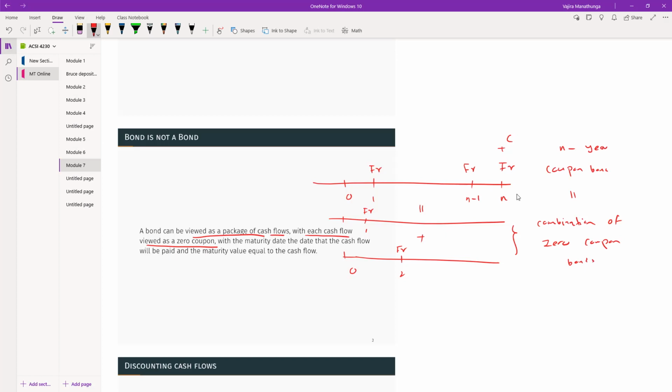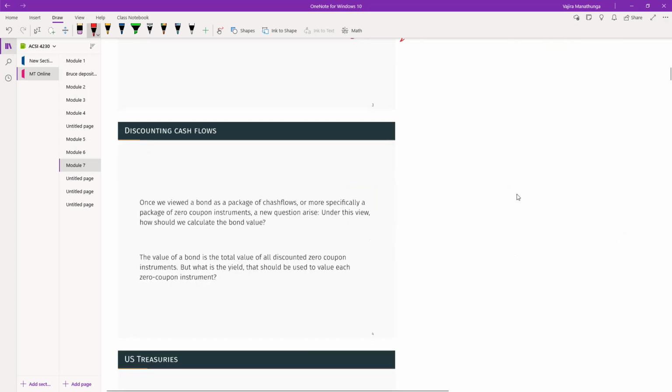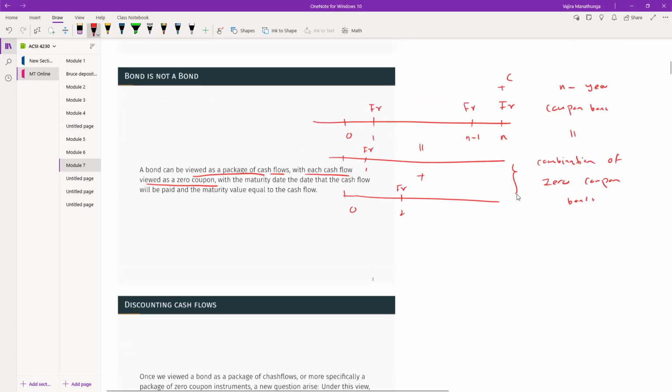Next, when we view a bond as a package of cash flows, or more specifically a package of zero coupon instruments, how do we calculate the bond value? You have these cash flows maturing in 1 year, then in 2 years, then in 3 years.